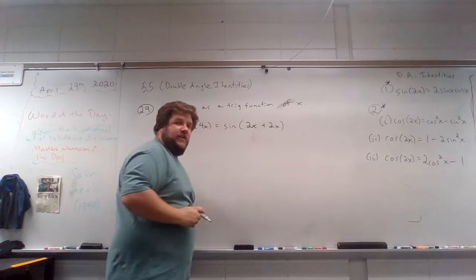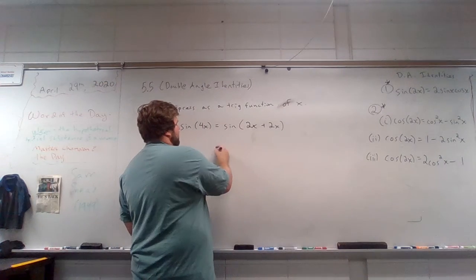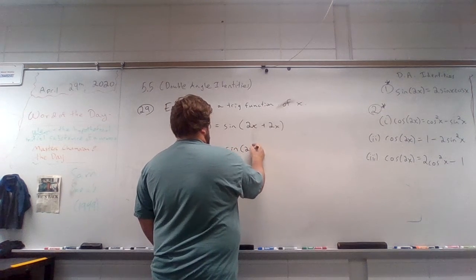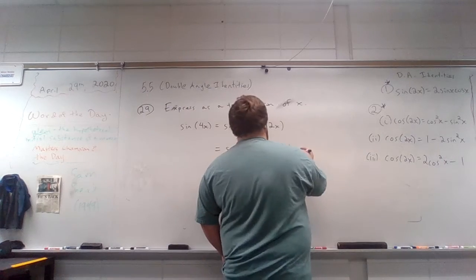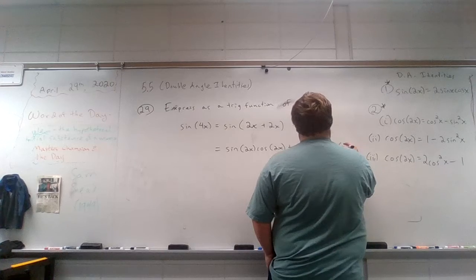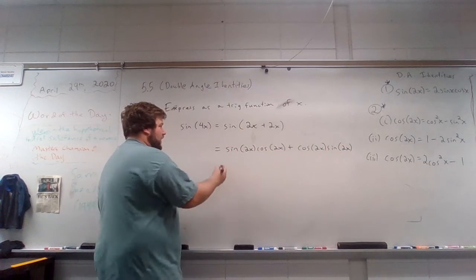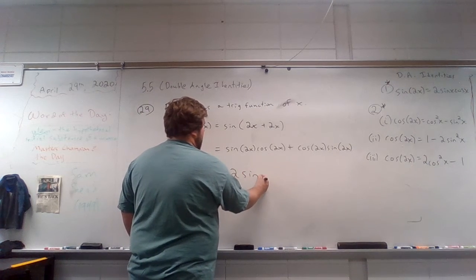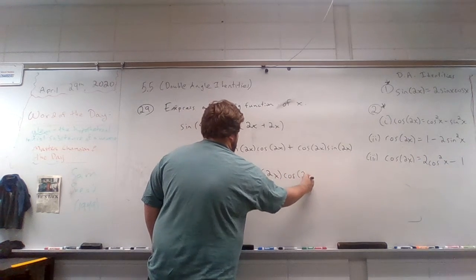Okay, and then we got to use our sum identity. So this is sine 2x cosine 2x plus cosine 2x sine 2x. And what I'm about to write hopefully is not too surprising, but I wanted you to see it this way just in case you didn't see it the other way. It's 2 sine 2x cosine 2x.